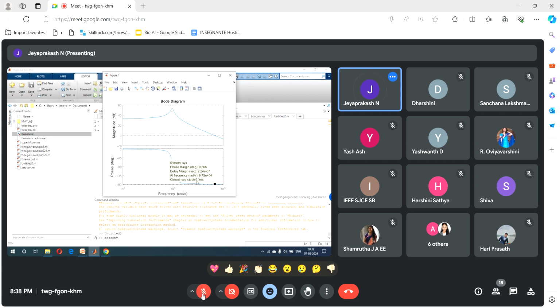Yes, my system is stable. The closed loop system is stable. I have obtained a phase margin of 0.866 and a gain margin of 2.24e-7.